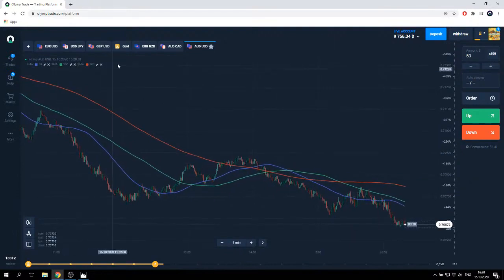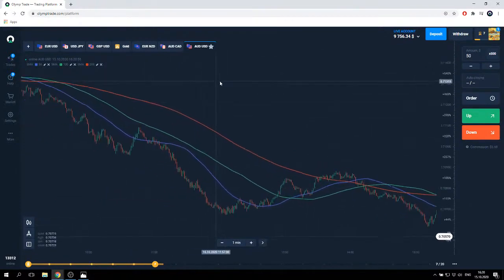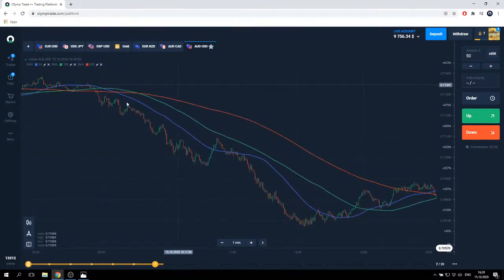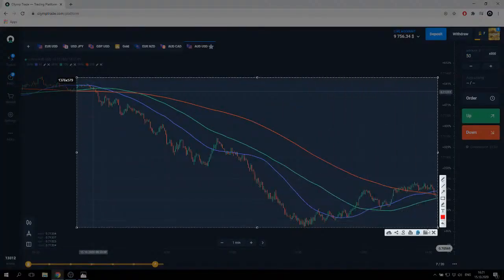So for any strategy, if you see on AUD USD here, for an example, from here to here you see the price touched this line, which is the SMA 200 line, and again bounces back, right?